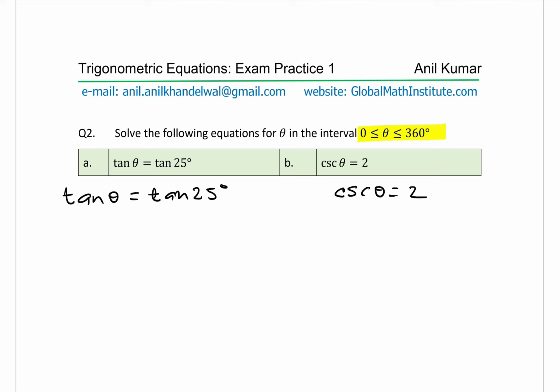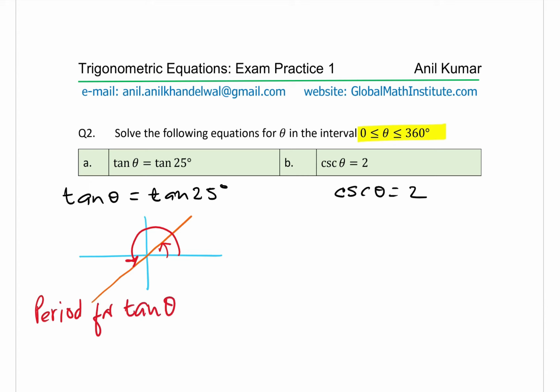Well, for the very first one, tan theta is positive since 25 degrees is in quadrant 1. The other angle will be in quadrant 3. So this angle is given to us. We're looking for the other angle. One should also remember that the period for tan is 180 degrees, right?